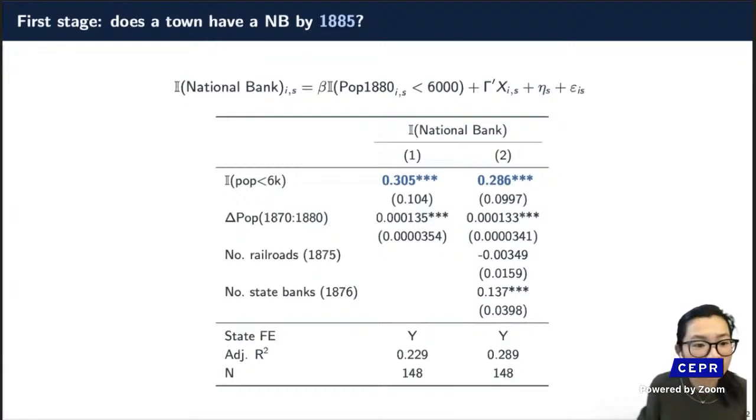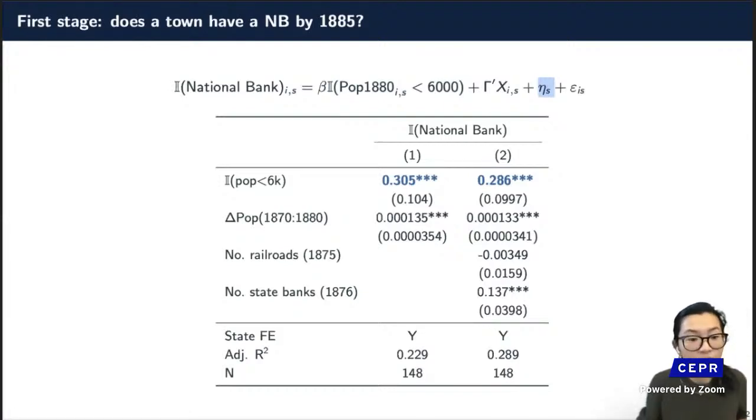And we look at the relationship between that and an indicator for whether the town was smaller, i.e. below the population threshold. We can control for some observable characteristics of these towns. And as I said, we'll always include state fixed effects.